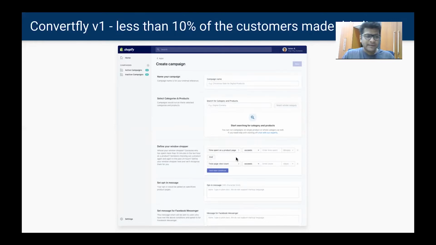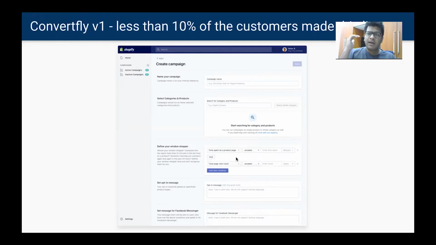And one thing that we figured out was our target audience was behaving completely differently. These were stores that had one or two people working in them, mostly the founders, and they were doing everything: sourcing of the products, shipping, handling the accounts, marketing, sales, everything.